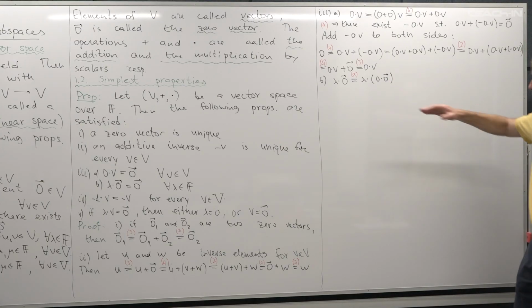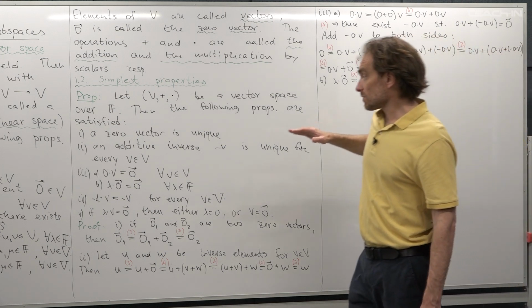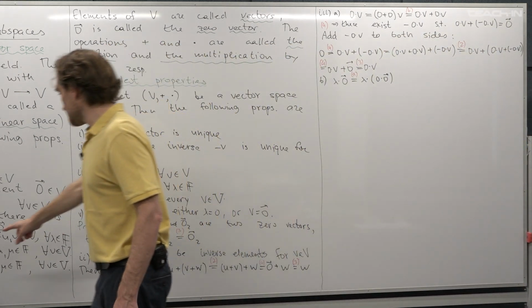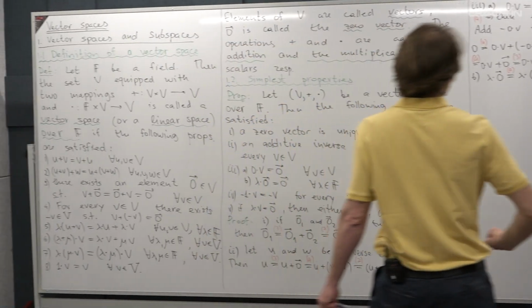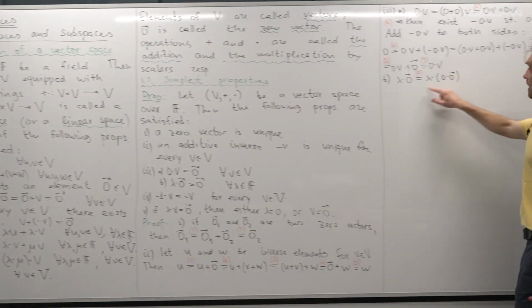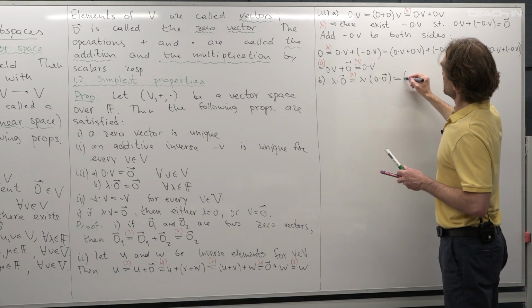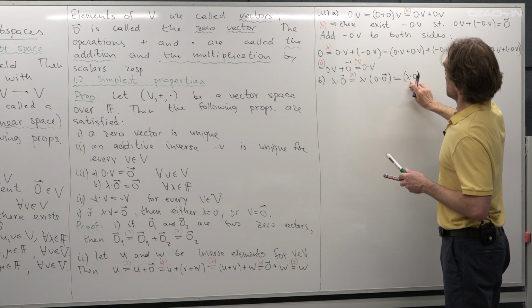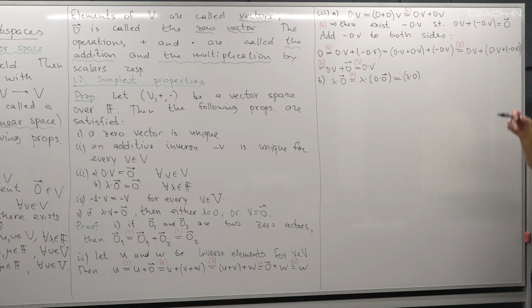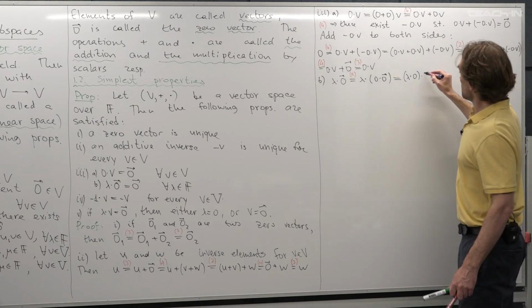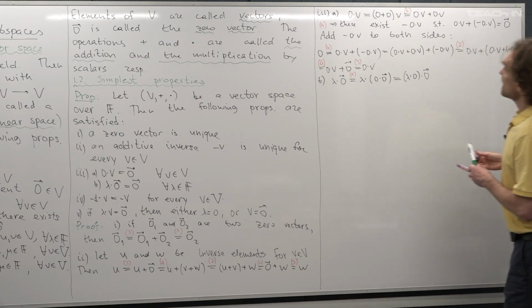Okay, and now we can use the property number 7, just because here we have this kind of a product, so I can rewrite this product as lambda multiplied by 0, where this dot is the multiplication in the field, multiplied by the 0 vector.